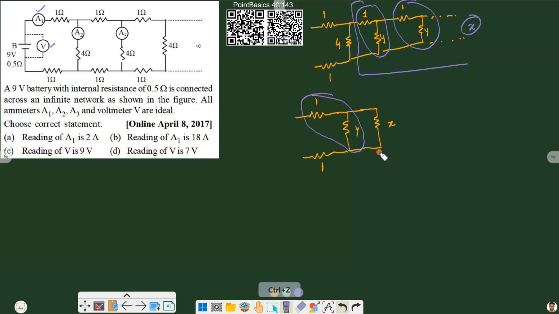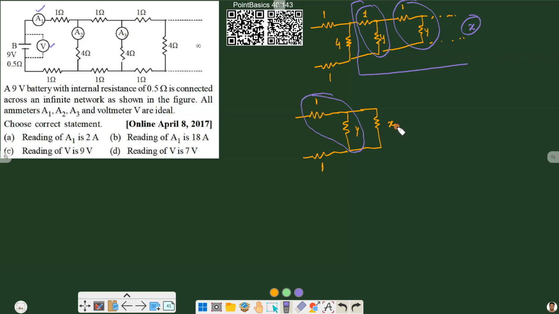So as this system was infinitely repeating, we assume that the resistance of the repeating part is x, and if we add some value to this x, then the final value will again remain x, because this is an infinite recursion, and adding some value to infinity or subtracting some value from infinity does not change its value.